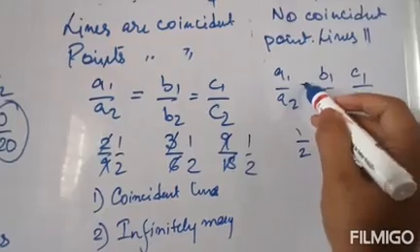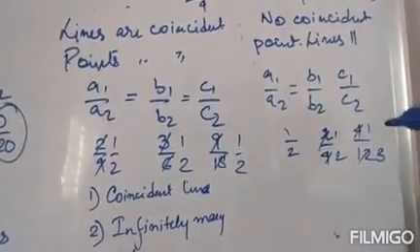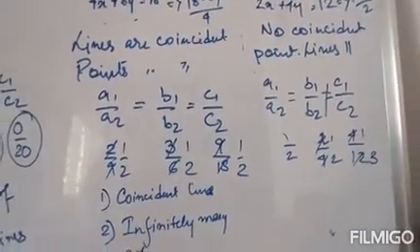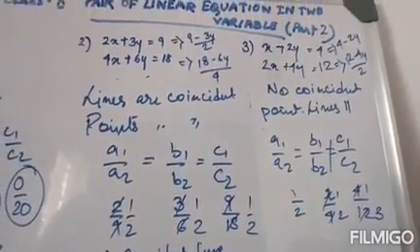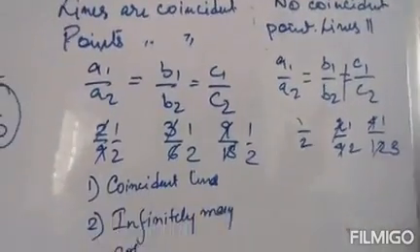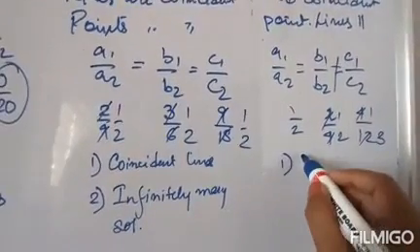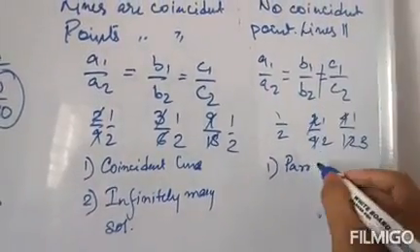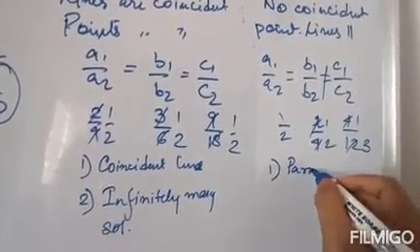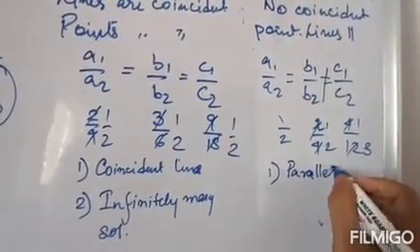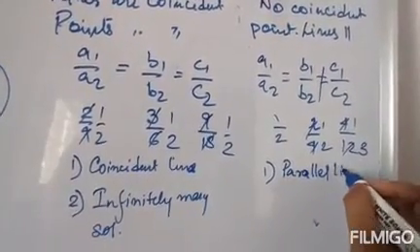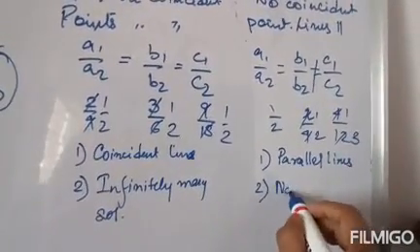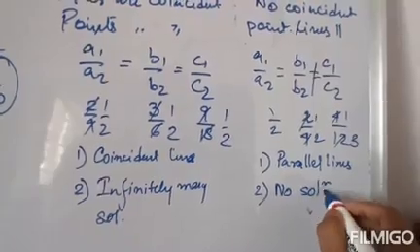Here you see A1 by A2 is equal to B1 by B2, but it is not equal to C1 by C2. Correct? So in this case we can say they are parallel lines. Always when we see the coefficients, from there only we can tell, without seeing the line itself, that they are parallel lines and there will be no solutions of the equations.